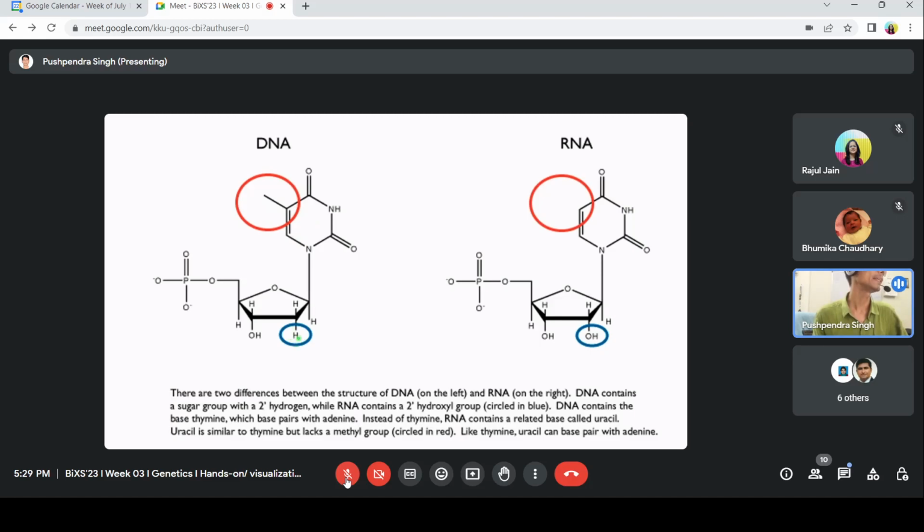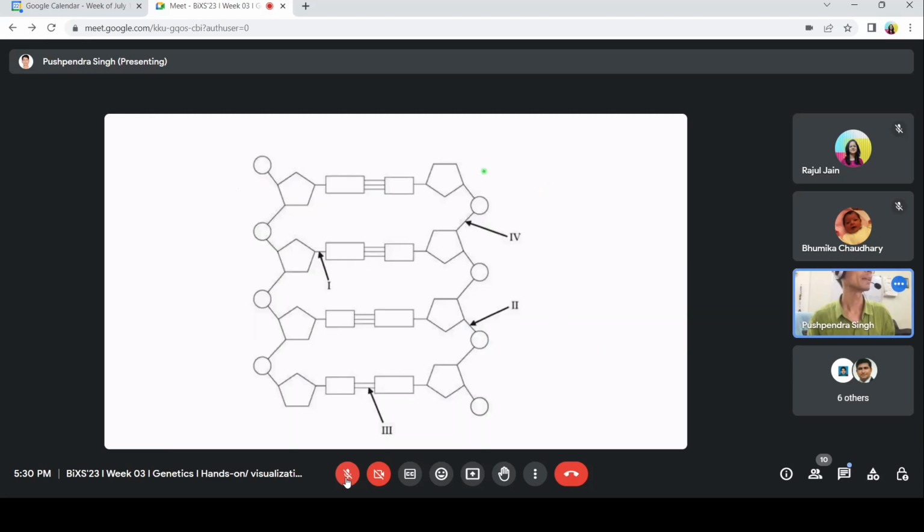So this is DNA, and in RNA there is this extra OH group present, and the methyl group is absent here. When you compare different pictures, you can identify the differences. In newspapers, there are puzzles of this type you might have seen. So these are the two differences in this picture, and that identifies DNA and RNA.